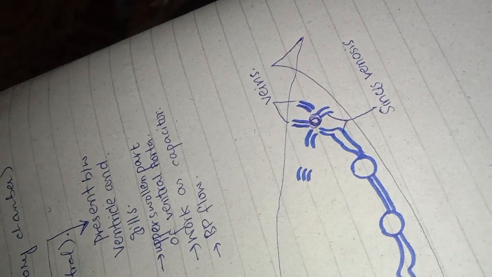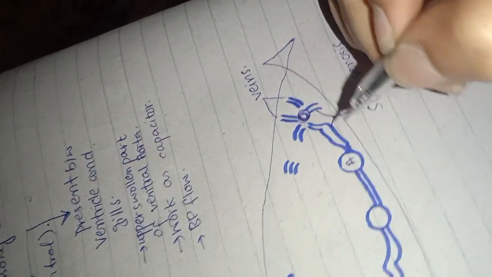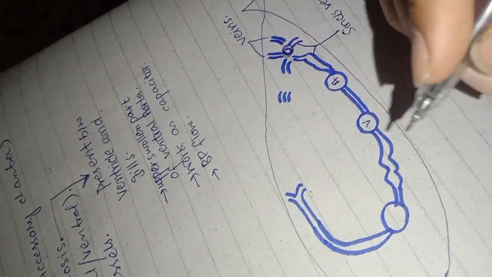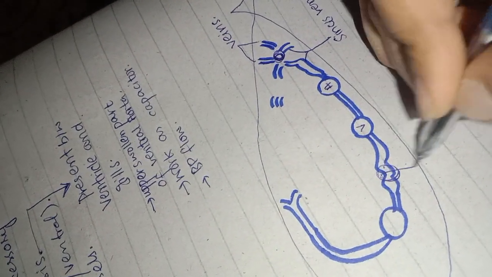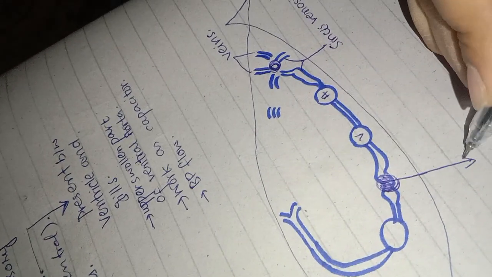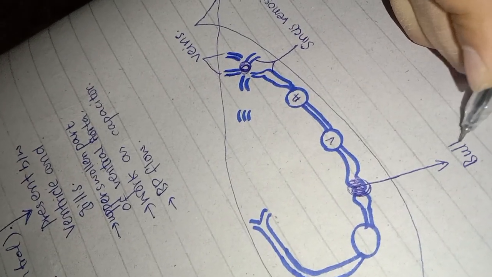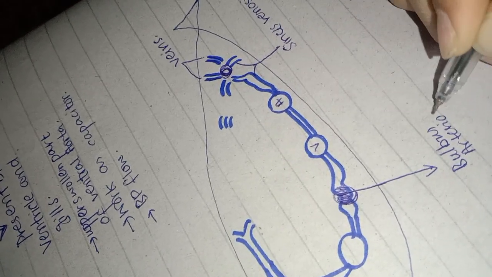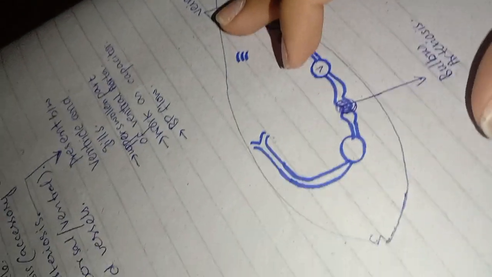As I told you, it is the accessory chamber that lies at the back of the atrium. This one is the atrium, this one is the ventricle, and this swollen part is known as the bulbous arteriosus. It works as a capacitor in the body of the fish.